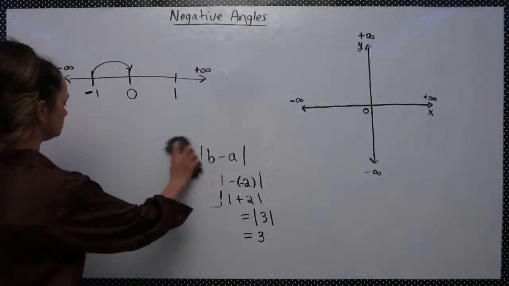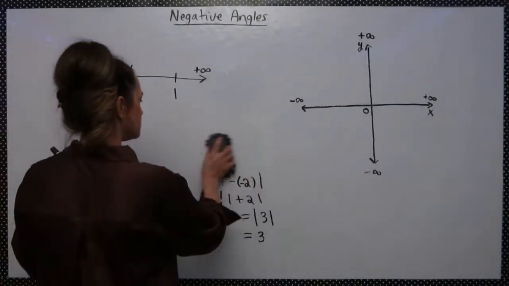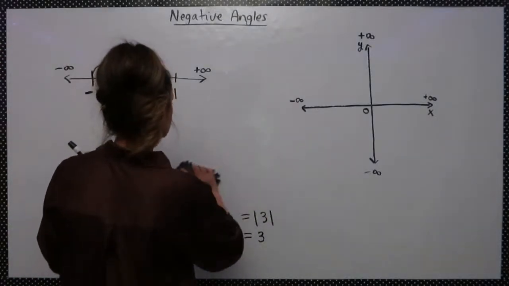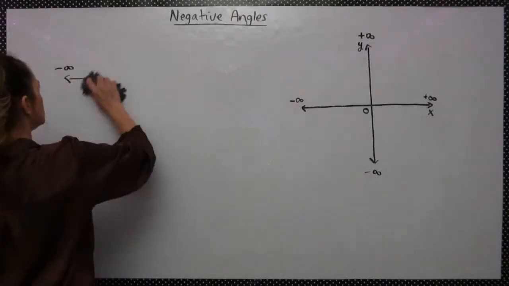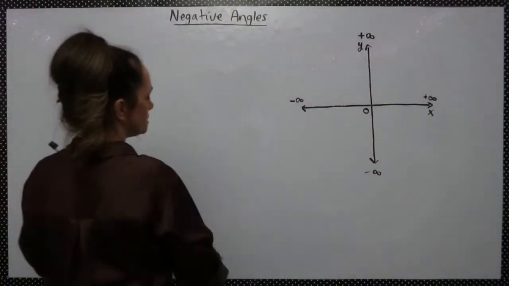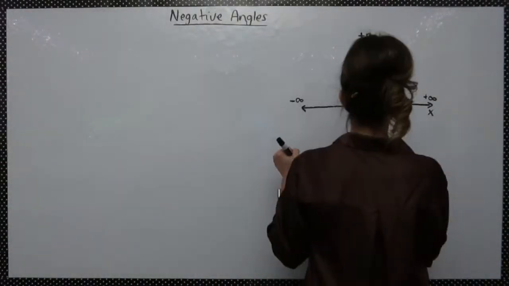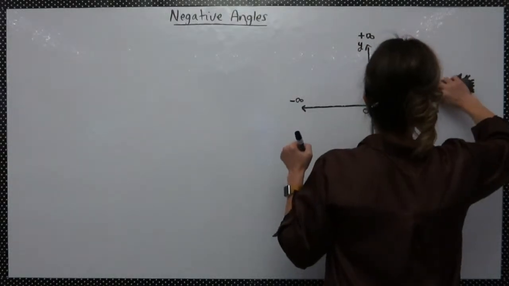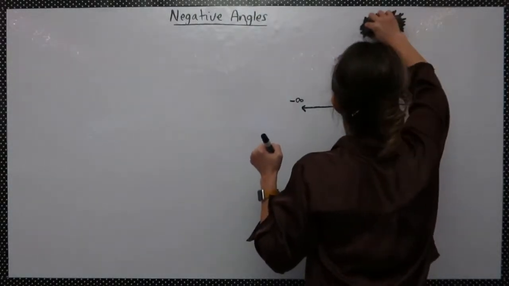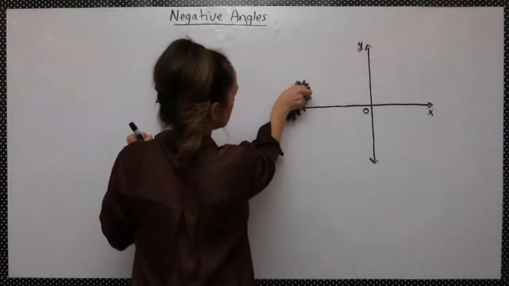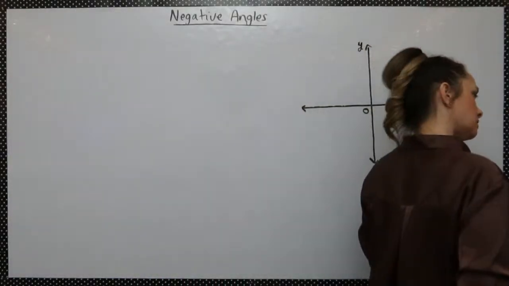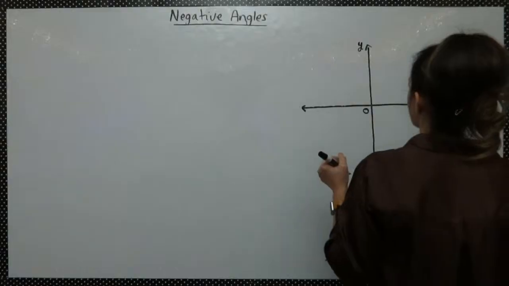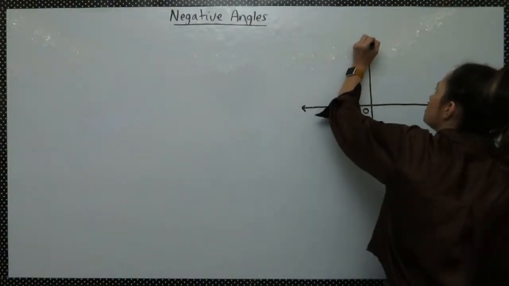All right. So with that being said, negative angles. When you have a coordinate system and you graph this circle, I'm going to erase my infinities because I want to keep it as simple as possible. Math gets really complicated, so try to keep it as simple as possible.